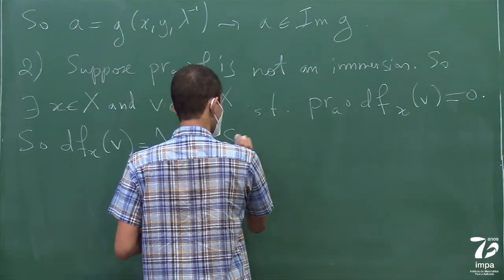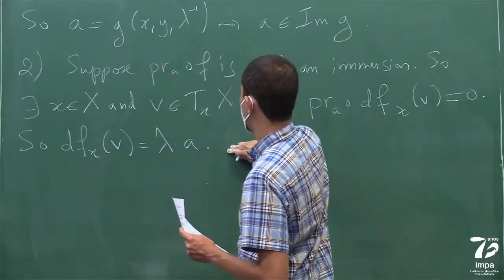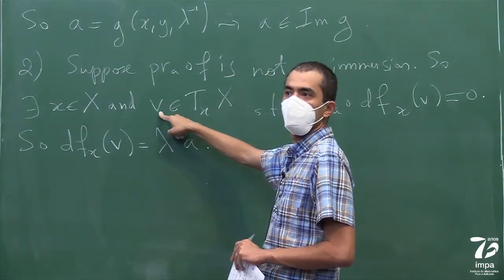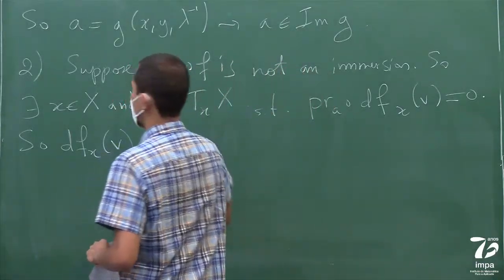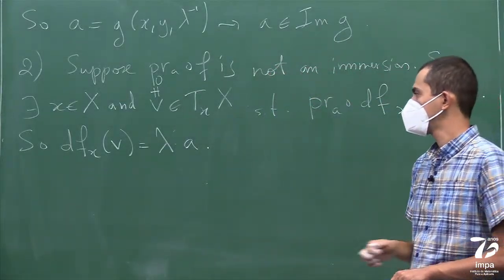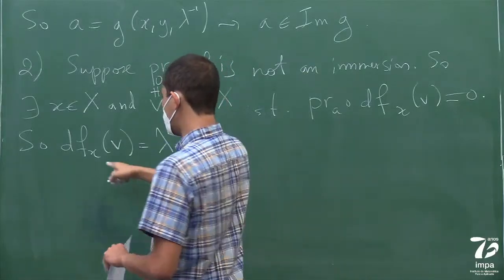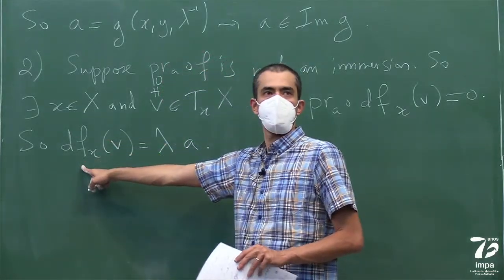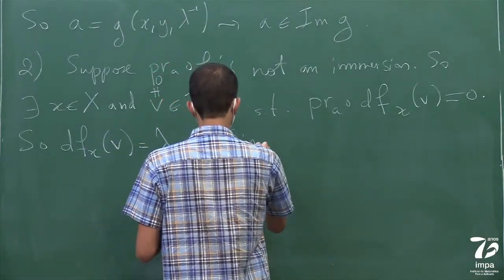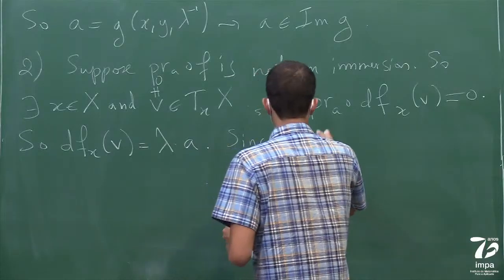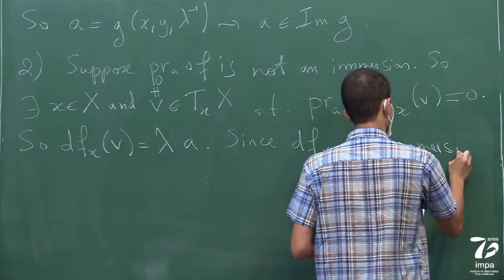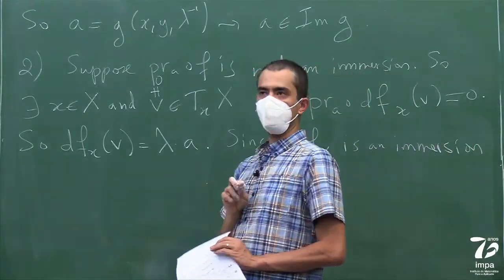Because I'm assuming it's not an immersion, there is a v that's not 0, so the kernel is bigger than just 0. But I know that df is an immersion. So since df_x is an immersion, lambda has to be different from 0.